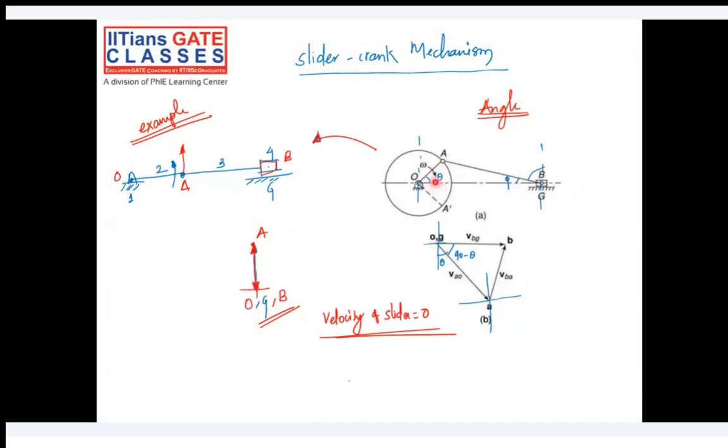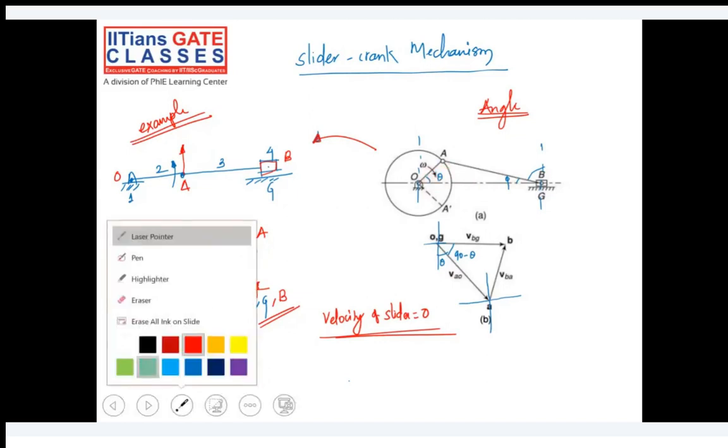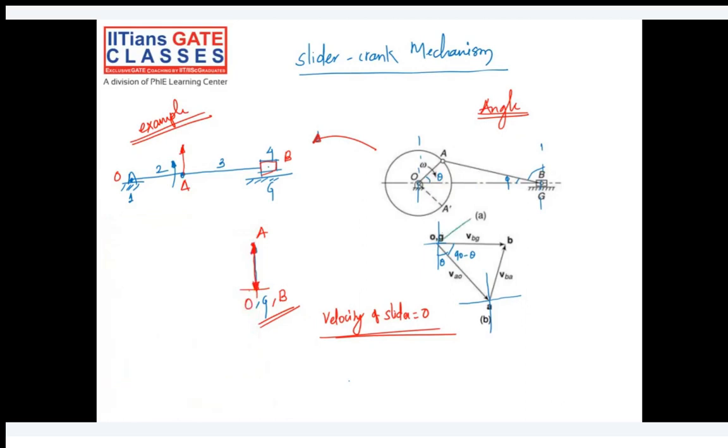So what is theta angle? Theta angle is in between the crank and the horizontal line. Okay, so if I roughly draw the crank here, it will be this, right? This is theta. So this angle is 90 minus theta. That is what you should understand. This is very useful whenever you solve questions.